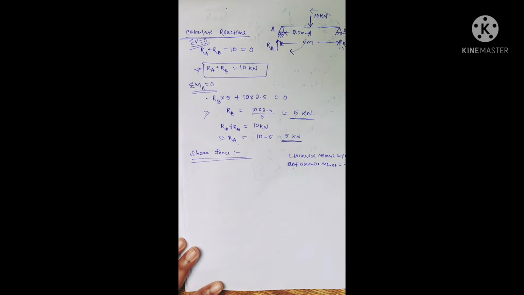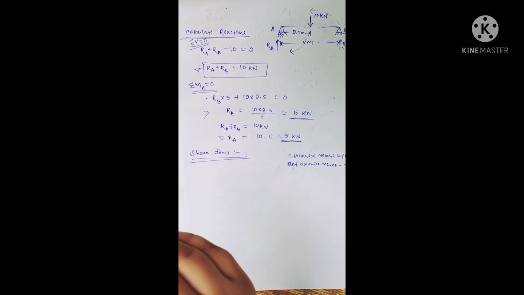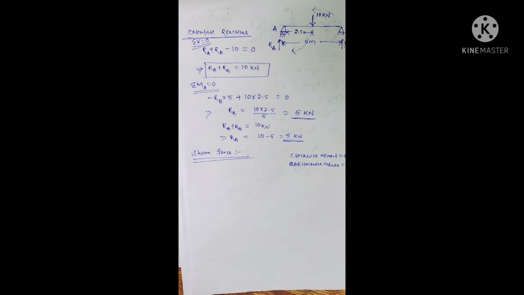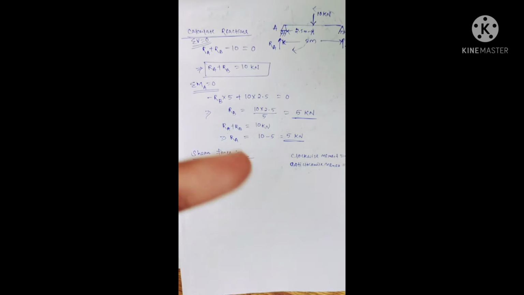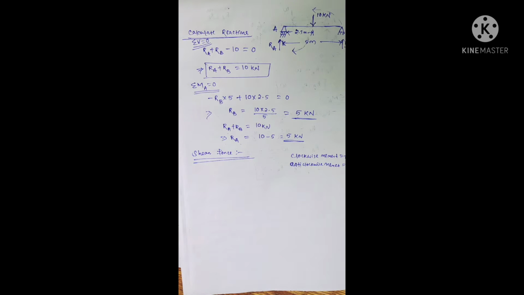In case of bending moment, just keep in mind the direction of forces, that is upward and downward. For shear force, you look at clockwise or anti-clockwise moment, and when calculating bending moment, you look at whether the force is upward or downward.